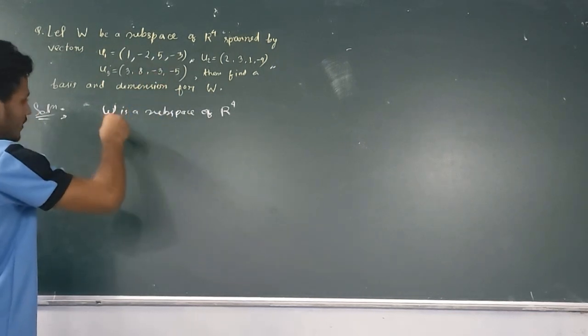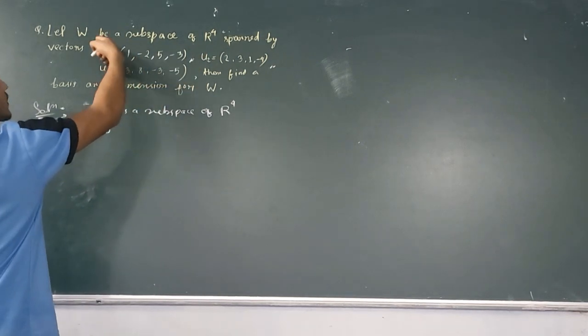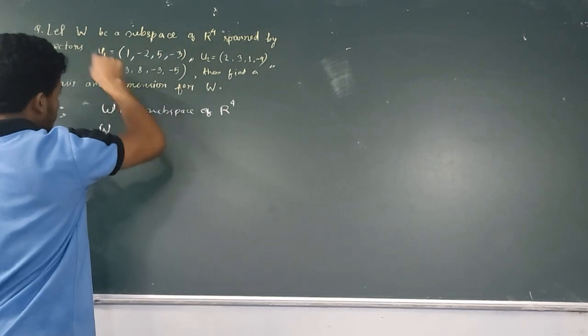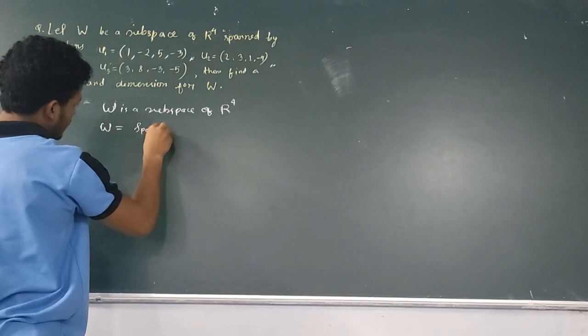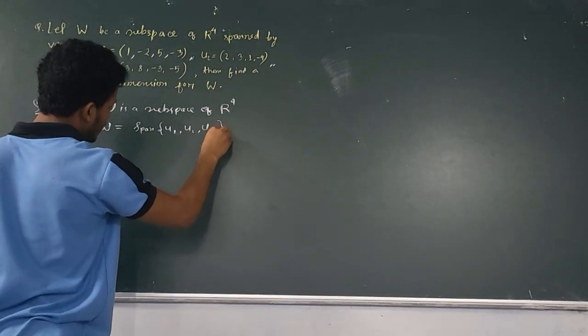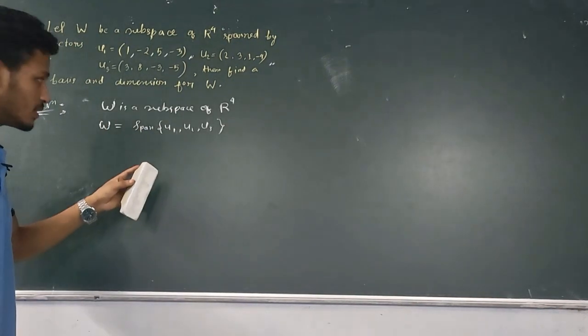These are given. It is said that W is a subspace spanned by vectors u1, u2, u3. So that means W is equal to span{u1, u2, u3}. What could be the basis for this W?